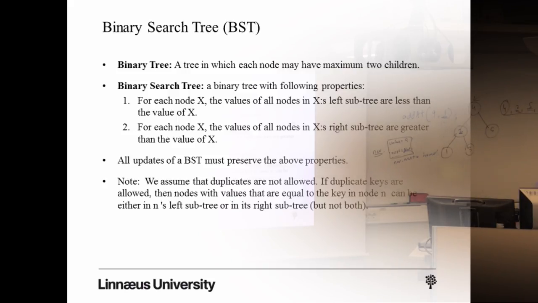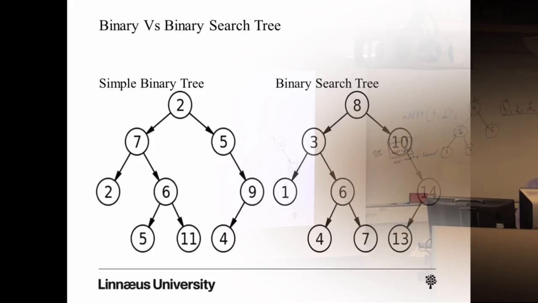And all updates of the binary search tree must preserve these properties. It means that if you add or remove a node, whenever you make some changes, these properties should not be violated. So if you remove the value in a node, it should not affect the properties of a binary search tree.